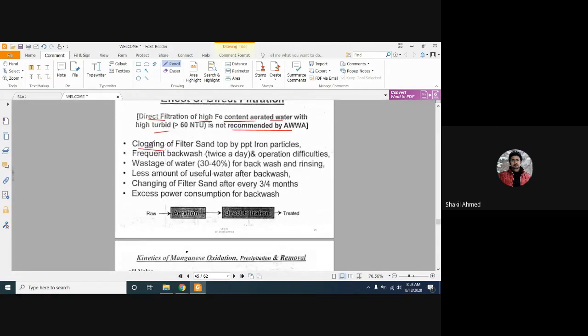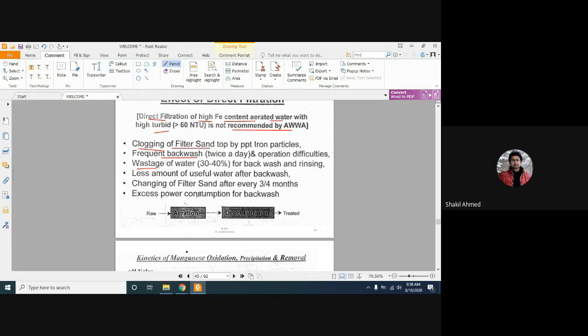That means it will create a jam of flow by deposition of sand and solid particles. You will need frequent backwashing. You will have wastage of water, and your maintenance cost will be high. So we don't use direct filtration.